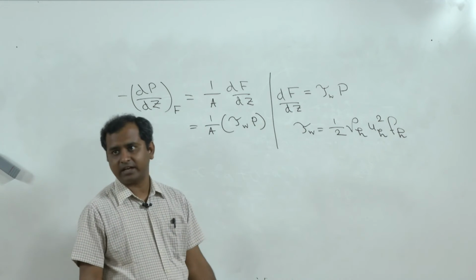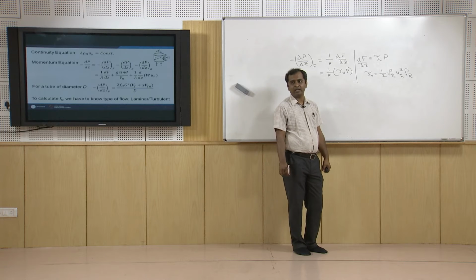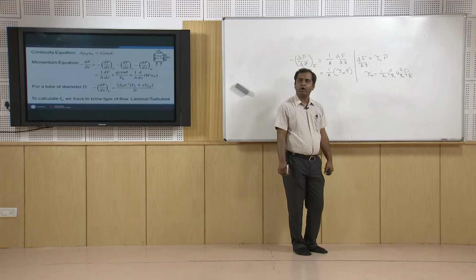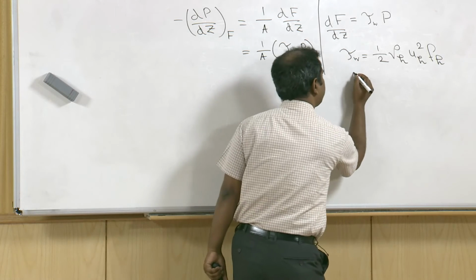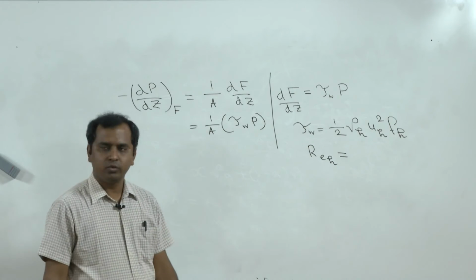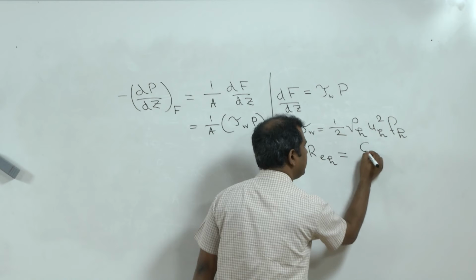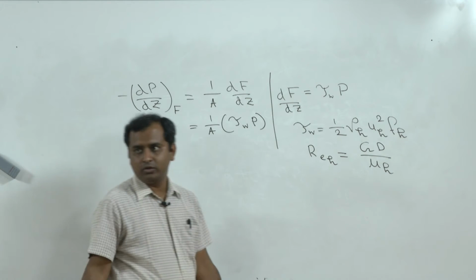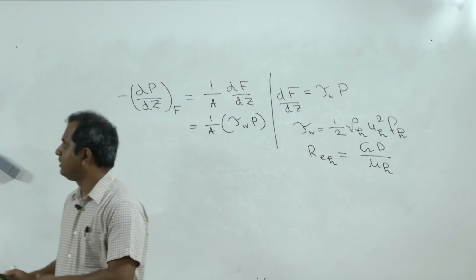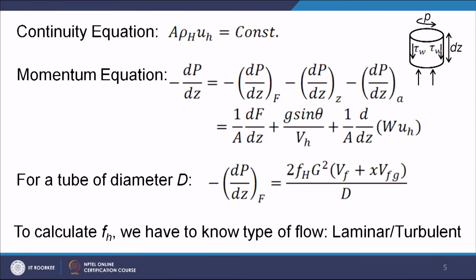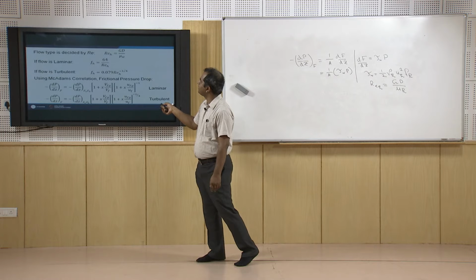For this, we first need to identify in which regime our homogeneous flow is, whether laminar or turbulent. So, we first find the Reynolds number for the homogeneous flow, which is GD by mu h.